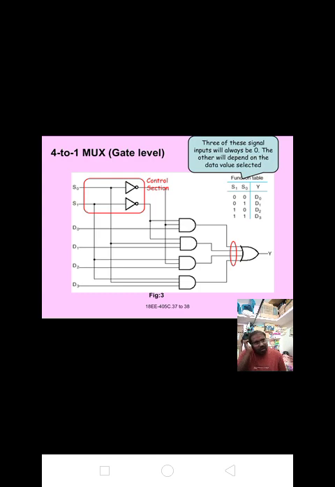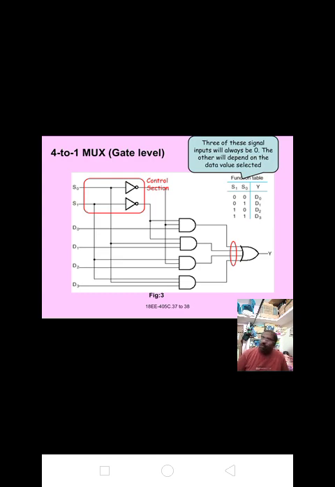We can draw the 8x1 multiplexer also. In this 8x1 multiplexer, the data inputs are D0 to D7 and the data select inputs are S0, S1 and S2, that is input 0, 1 and 2. The actual data inputs are 0, 1, 2, 3, 4, 5, 6 and 7.